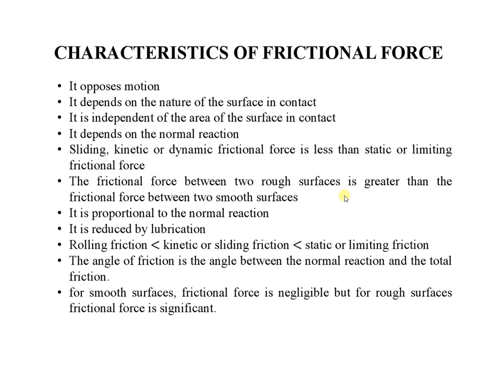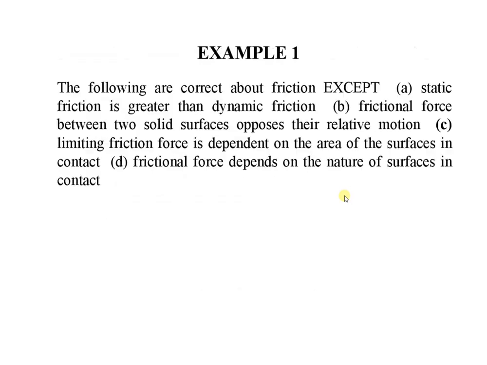Rolling friction is less than kinetic or sliding friction, which is also less than static or limiting friction. The angle of friction is the angle between the normal reaction and the total frictional force. For smooth surfaces, frictional force is negligible, but for rough surfaces, it is significant. That is, the frictional force between smooth surfaces is zero.